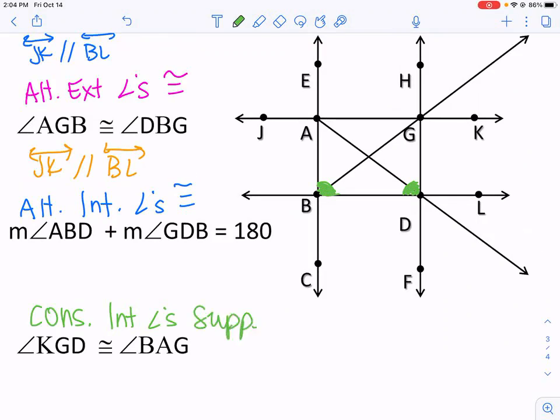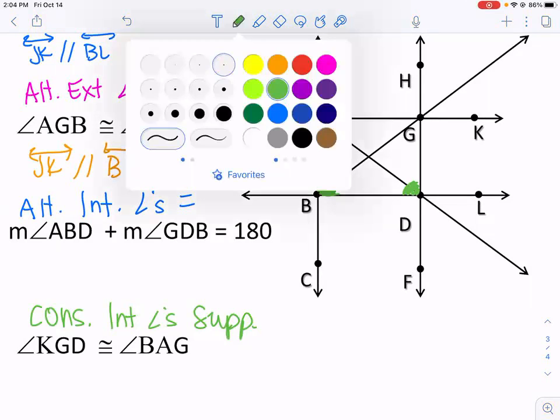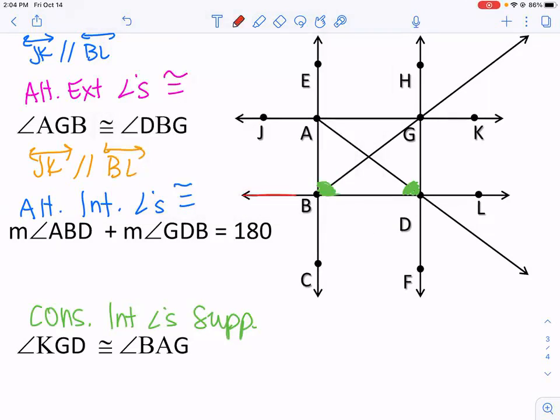Are those consecutive interior angles? Bryce, which one is the transversal? Which line is shared by both of those green angles? BL.